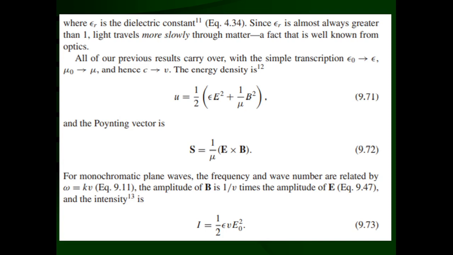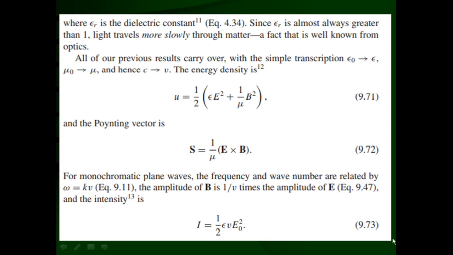The amplitude of the magnetic field B is 1 upon v times the amplitude of the electric field E, and the intensity of the waves I is equal to 1/2 epsilon v E0 squared. E0 is the amplitude of the electric field, v is the phase velocity, and epsilon is the permittivity of the material in which it is propagating.